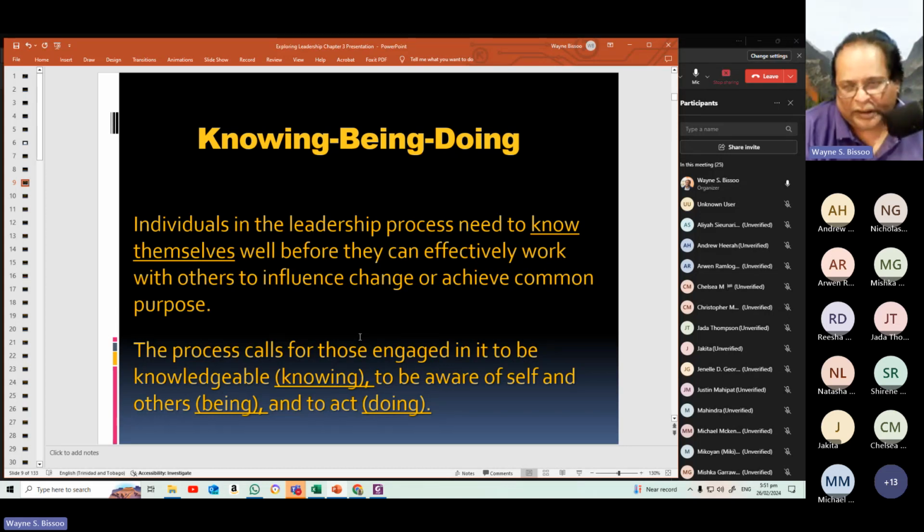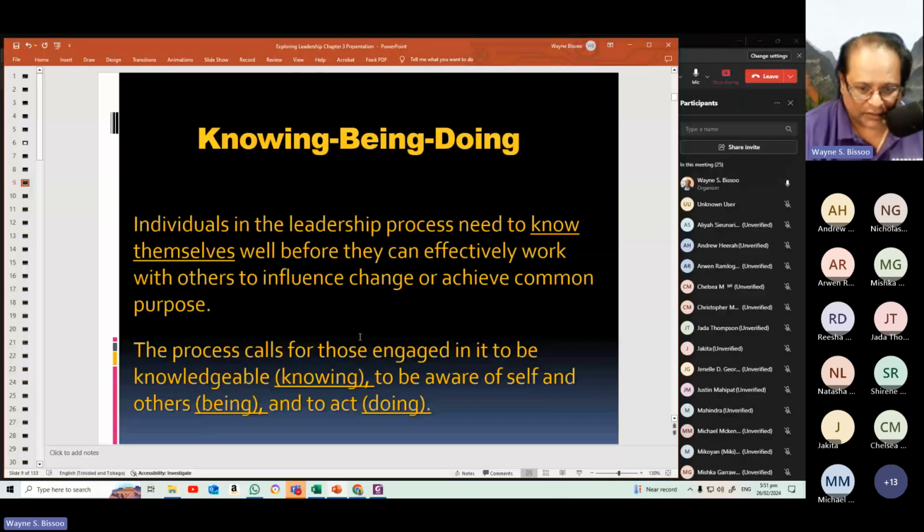So the getting to know process, which there's an assignment that we have given you in terms of your self-assessment, is a really important starting point to developing your own leadership skills and philosophies.